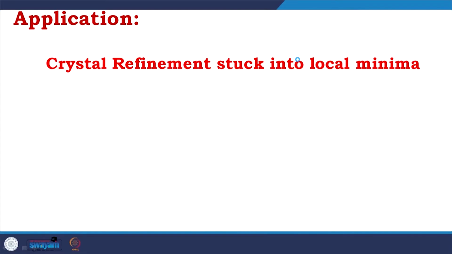Crystal refinement getting stuck in a local minima. If you remember, I talked in detail about the R factors. When you perform minimization in each of your cycles, you observe a minimization of the R factor. So, your journey starts at 0.6 to 0.7, 60%, 70%, and you have to achieve 0.2.